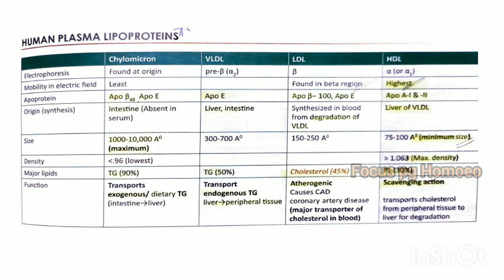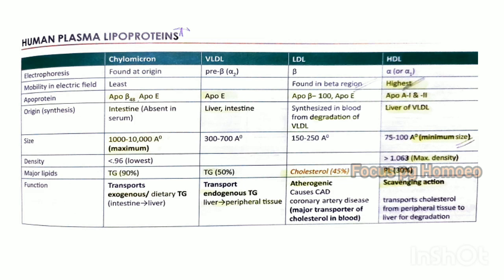Apoproteins present are different. Remember this, these are asked: ApoB48 represents chylomicrons, ApoE represents chylomicrons, VLDL and LDL also. ApoB100 represents LDL, ApoA1 and A2 represent HDL.